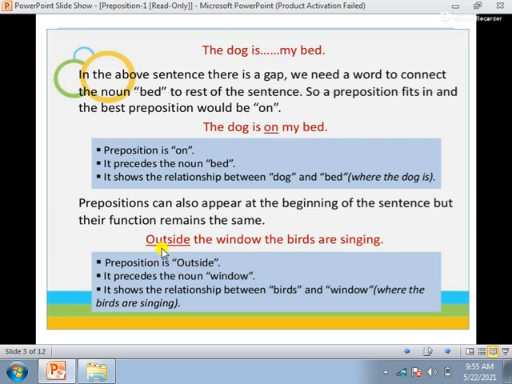Here the preposition is outside, it precedes the noun window, and it shows the relationship between the birds and the window, where the birds are singing. In this way, it shows the relationship between different parts of the sentence. So this is the basic function of a preposition.